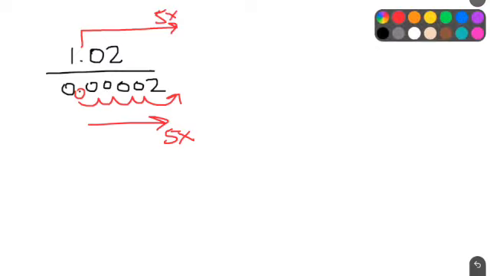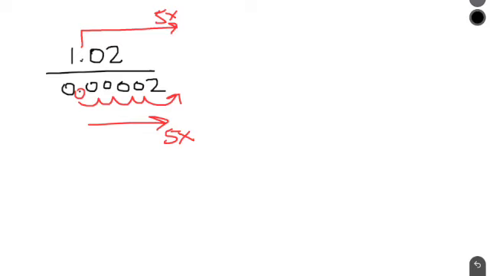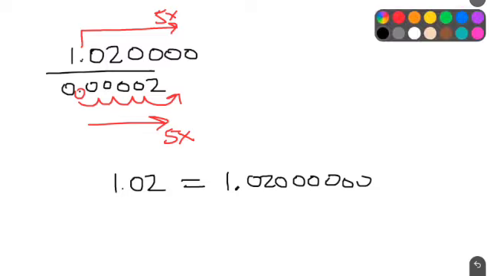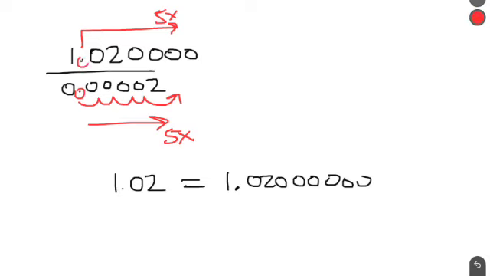But if we look at our numerator, we'll see that it only has 2 numbers to the right of the decimal place. So we just keep adding zeros. That's perfectly fine because 1.02 is exactly the same as 1.02000000. So we move our decimal place over 5 times in the numerator: 1, 2, 3, 4, 5.